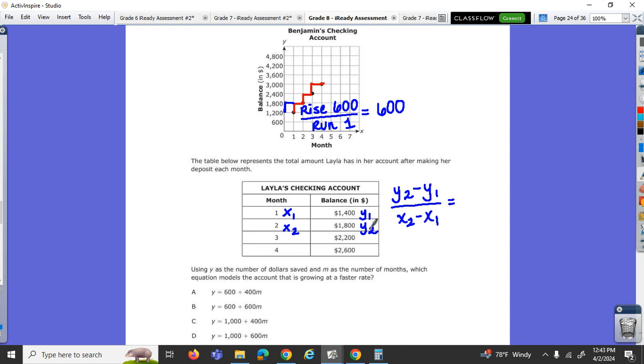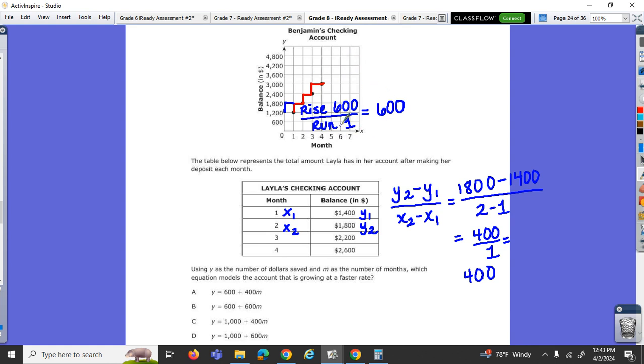So we have 1,800 minus 1,400 over x2, 2 minus 1. That would be equal to 400 over 1, or 400. So that automatically means that Benjamin has a higher rate of change, or a higher slope.